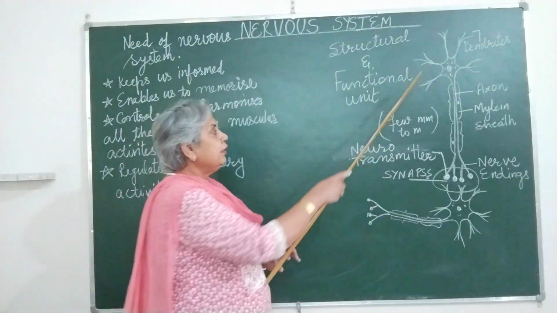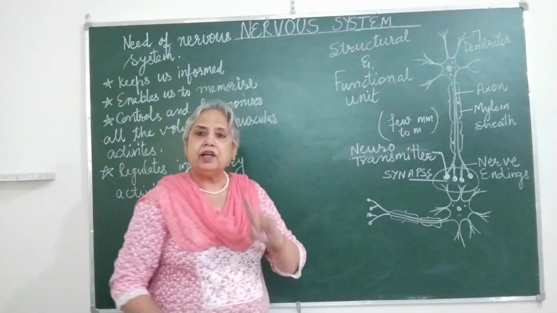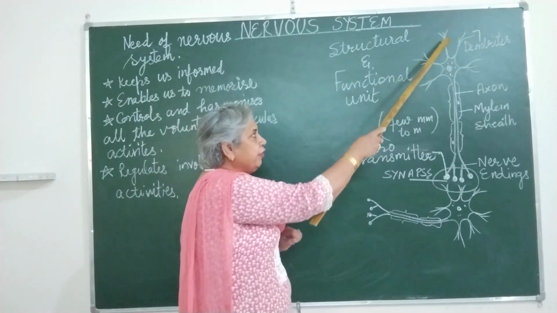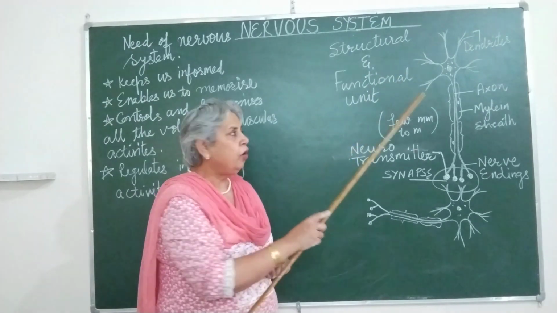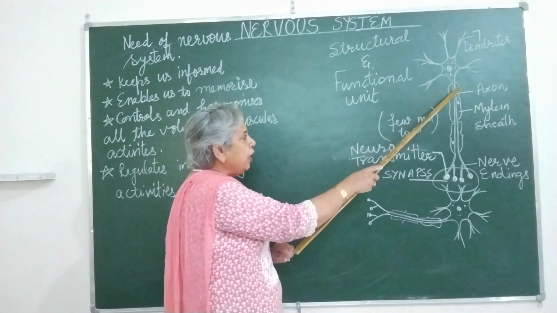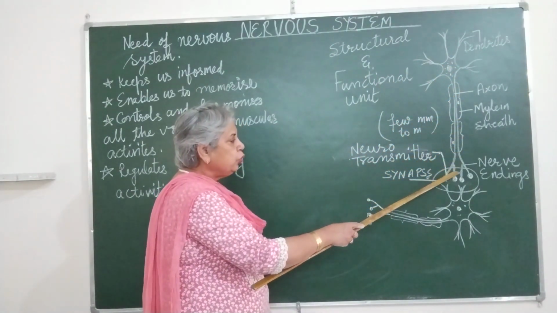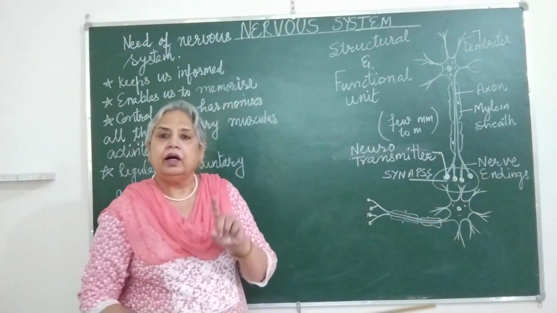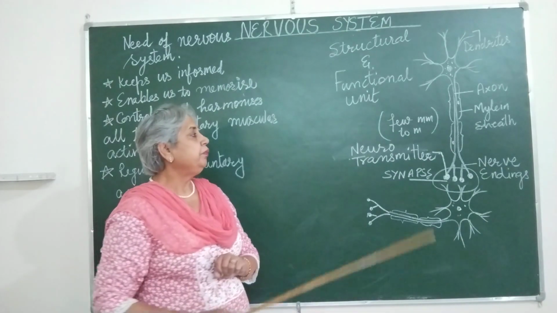Now, the transference of message is unidirectional. The dendrites, they receive the message from some other neuron. That message is passed on through axon to the nerve endings to the dendrites of the other neuron. Okay?